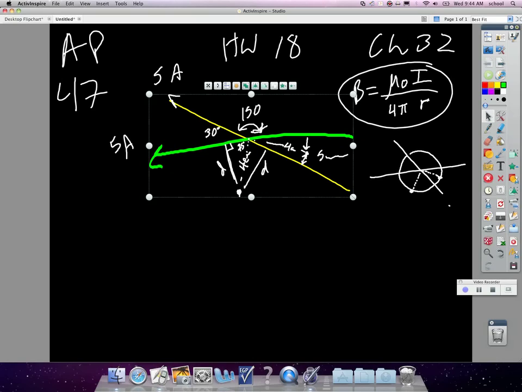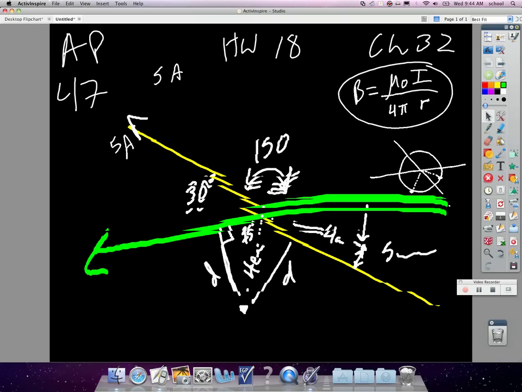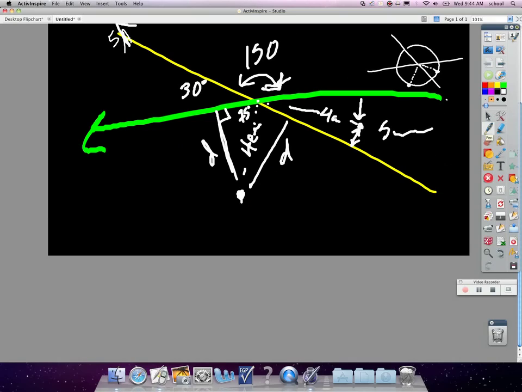Okay, so I've turned that up a little bit. This distance, intersection. We've put that 4 centimeters along the bisector of that angle in order to make sure that it's equidistant from both of the other lines. We take the perpendicular distance to those lines, that's got to be the long side of that triangle. And then from that we know, based on this right here, because 75, sine of 75 would be d over this.